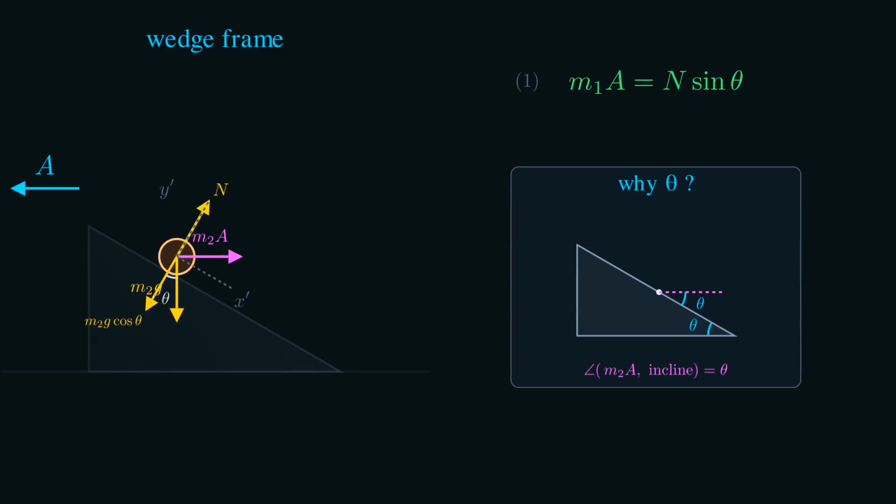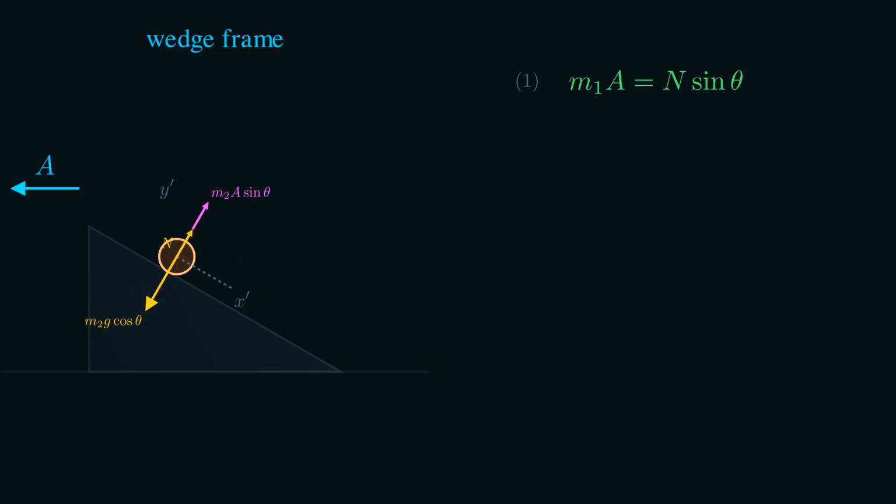And since the incline itself is tilted theta from the horizontal, m2A sits theta from the surface too. Same idea, just rotated. Its part away from the surface is m2A sin theta. And N? Well, N is already perpendicular, nothing to split. Lovely. Let me clear the working and keep just what matters.